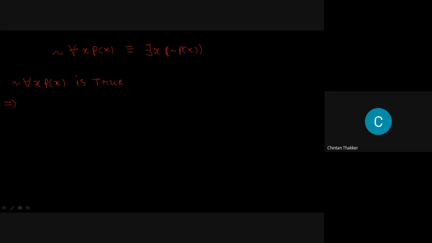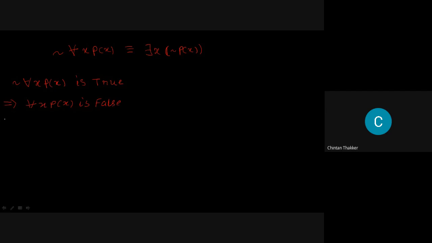We know in a negation statement, if p is true, then negation p is false. So if negation p is true, then p is false. So here negation of for all x P(x) is true. That means for all x P(x) is false.